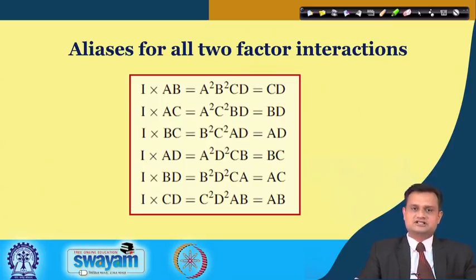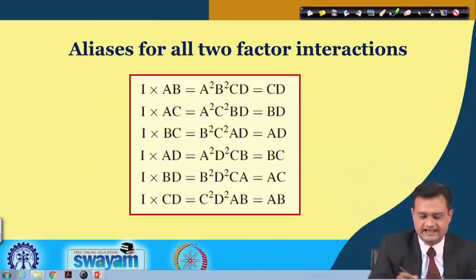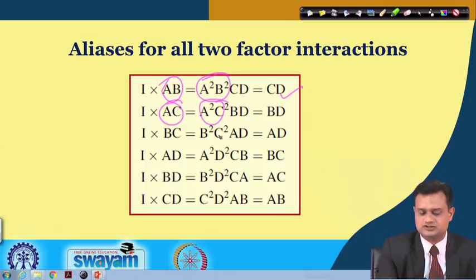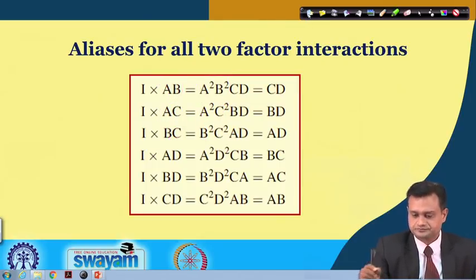You define the relationship and multiply by the same 2 factor interaction. So you have I multiplied by AB, and AB times AB becomes I, so you basically have CD. You multiply this by AC, A square, C square becomes I. So AC is equal to BD, BC is equal to AD, and so on.